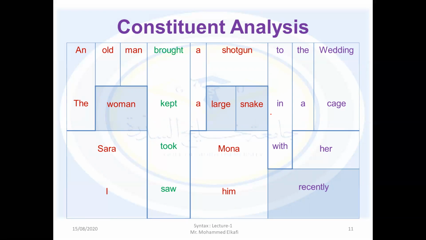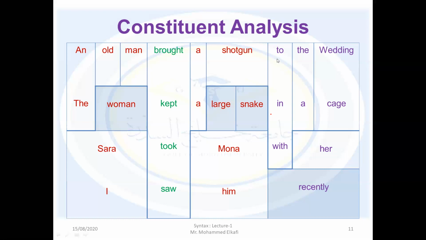So together, as you see, the article or determiner and the adjective plus the noun will make a noun phrase. So here, the words written in red compose what? Or make what? They make noun phrases.